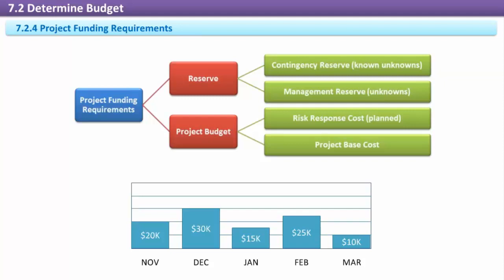The performing organization will also need to know when it can expect project costs to be incurred, so the project budget is also shown by calendar periods. When broken down into a time-phased budget, this can also serve as the project cost performance baseline.